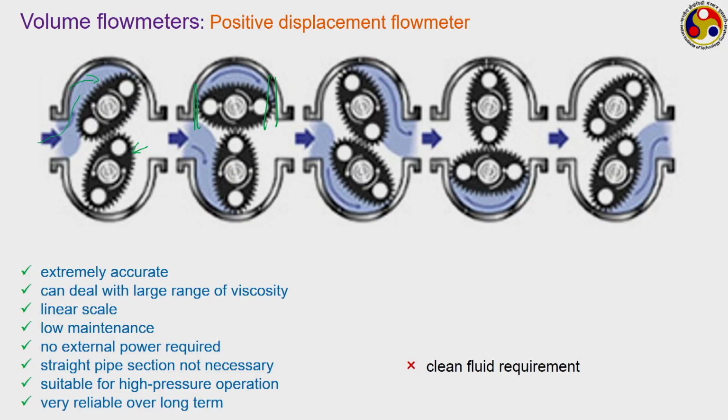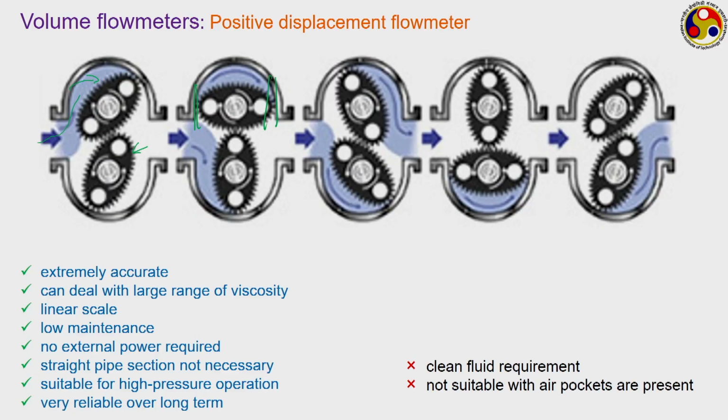But they can have a few limitations, like clean fluid is required. If the fluid has dirt or dust particles or some kind of solid suspensions, that may block the passage. If sand particles or stone pieces are present, they may go into the gear teeth and block the corresponding passage.